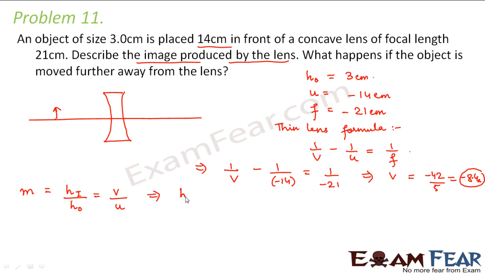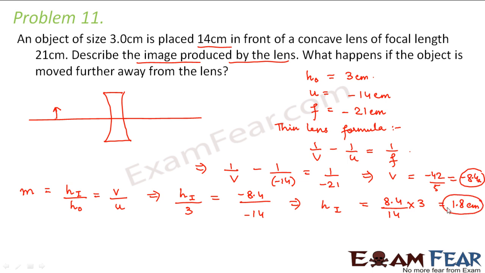So we can write height of image by height of object, 3 centimeters, is equal to V, which is minus 8.4, divided by U, which is minus 14. From this we get height of the image is equal to 8.4 divided by 14 into 3, which comes out to be 1.8 centimeters.